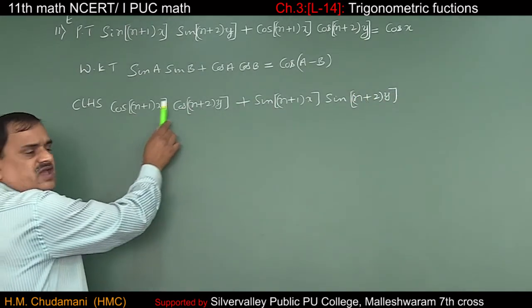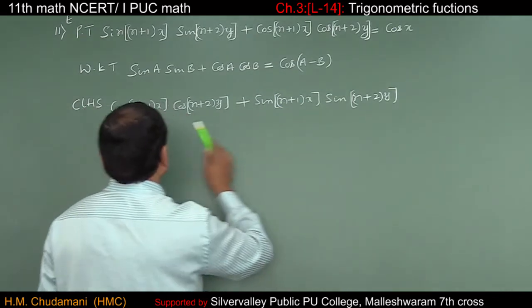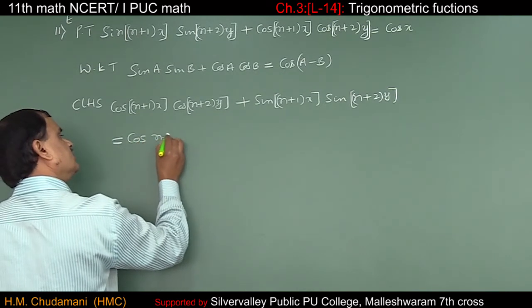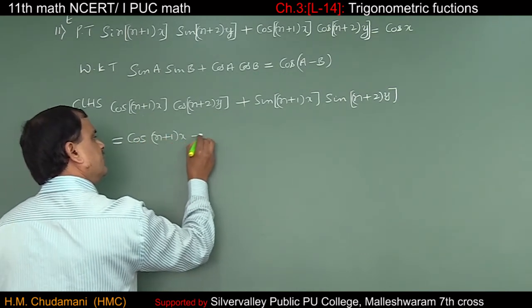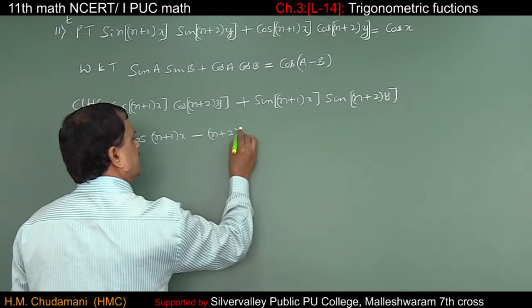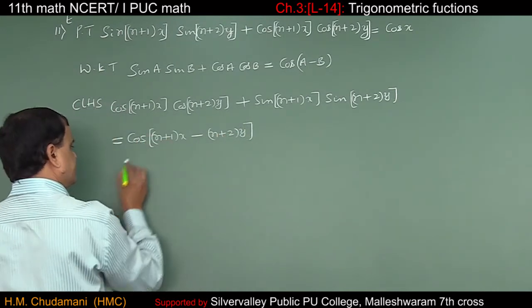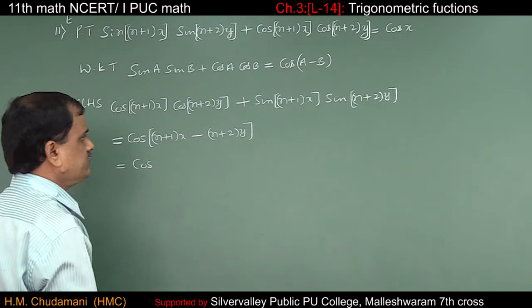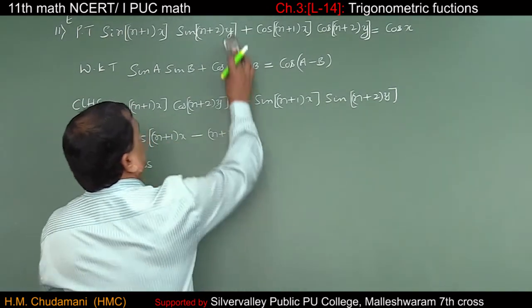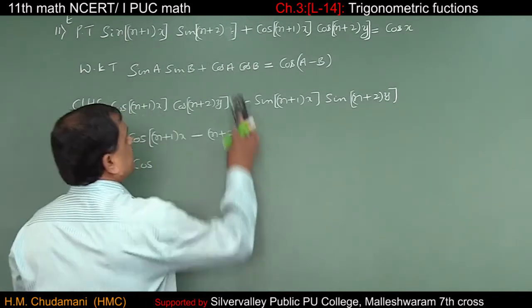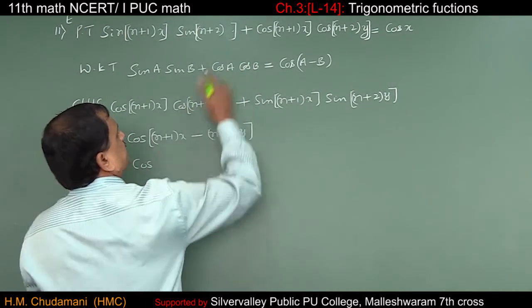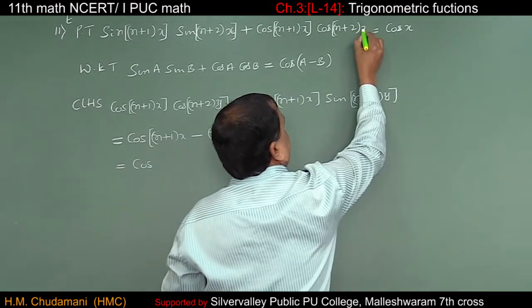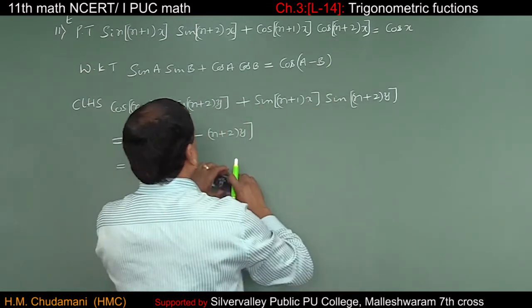This is cos A cos B plus sin A sin B. That is the left hand side, which is cos of A minus B. Sorry, this is x only, this is x, this is also x.